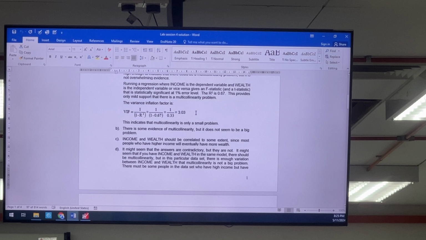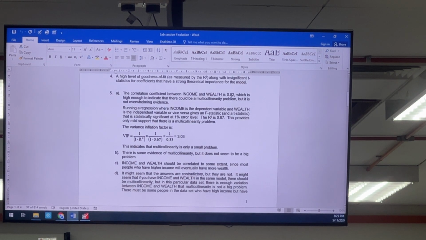So this indicates that multicollinearity is only a small problem, although a correlation of 0.8 is not too high, but can be considered quite high. Running a regression with income as the dependent variable and wealth as the independent variable, or vice versa, the F statistic and T statistic are statistically significant at the 1% error level. With R square 0.67, we calculate the VIF and get 3 point something. So again, this indicates that multicollinearity is only a small problem, not that serious.